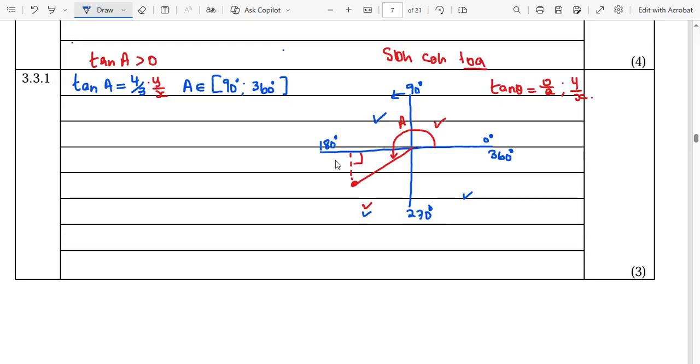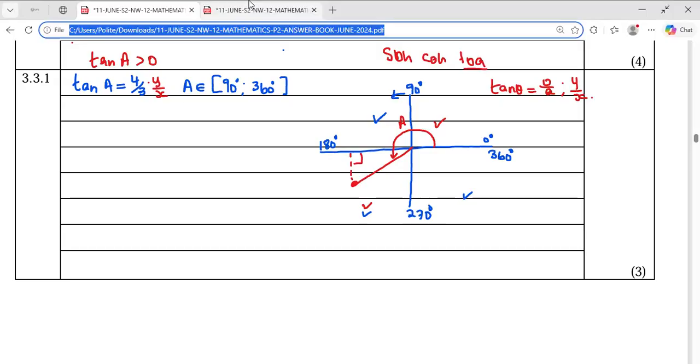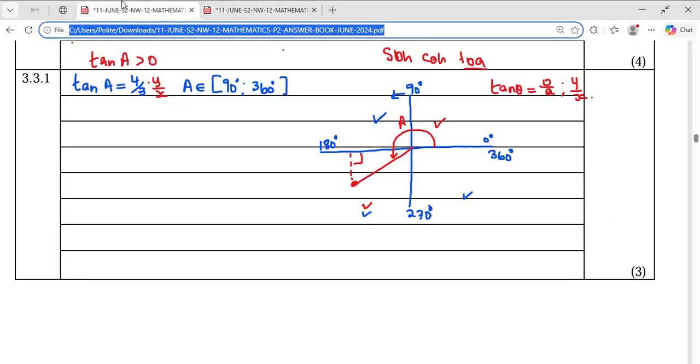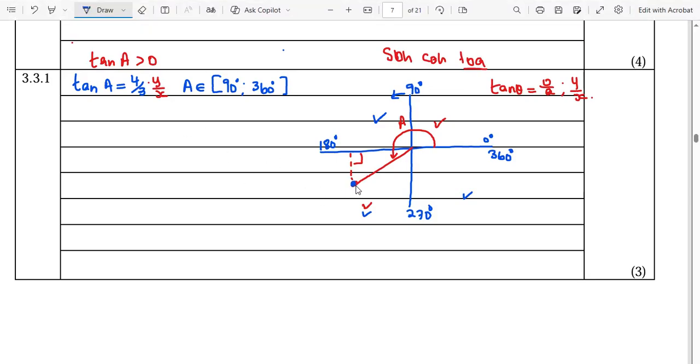My x is 4, but this is not making sense, guys. Let me go back to the question. Maybe I'm missing something. 4 over 3, but this is quadrant 3. Let's think about this. The y values are negative in quadrant 3, so this is minus 4. And the x values are also negative, so this is minus 3.